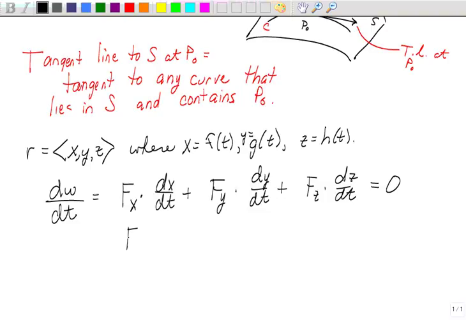And then we have the partial. This is really f prime. This is g prime. And this is h prime.